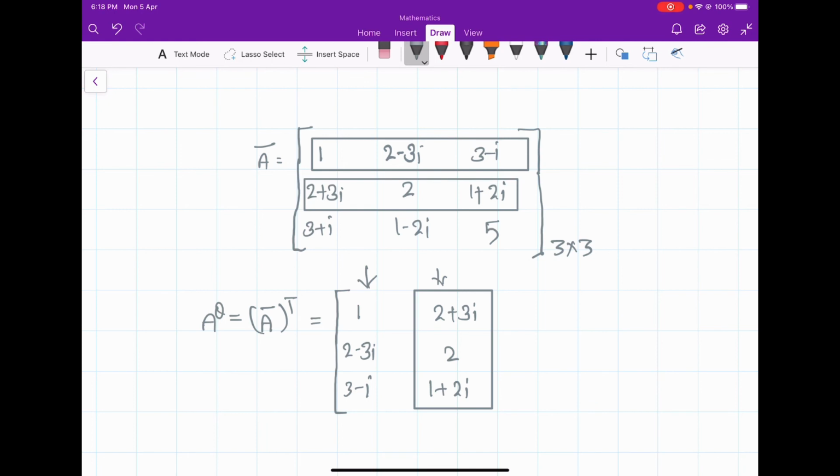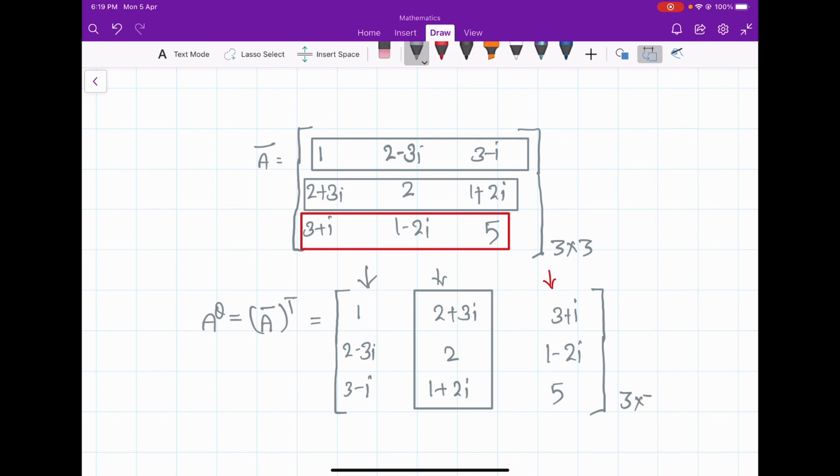Next row goes in this column: 3 plus i, 1 minus 2i, and 5. So this is a matrix of order 3 cross 3.